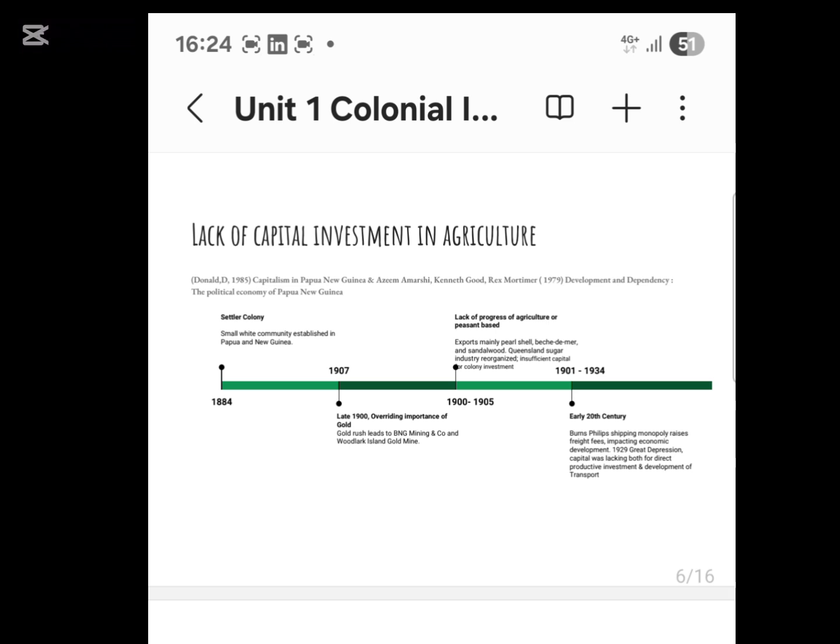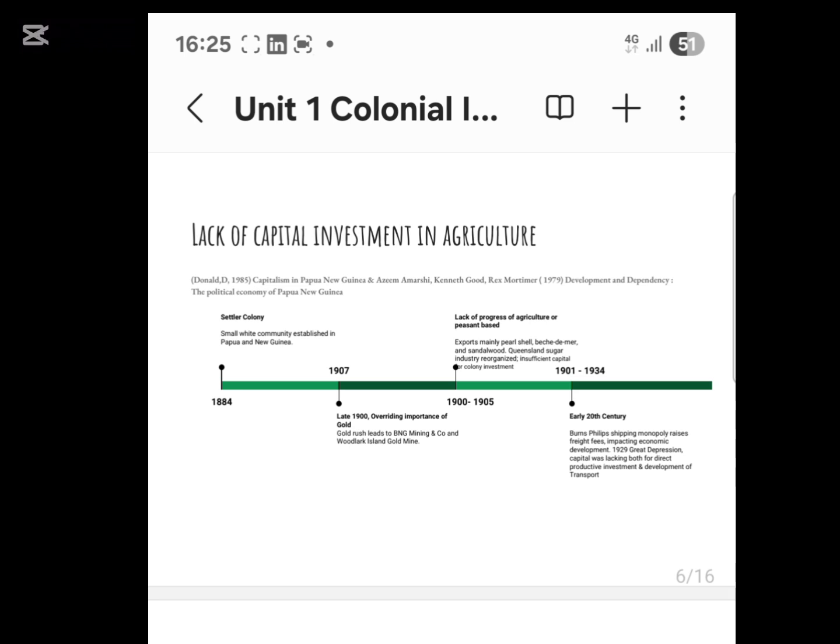After 1907, up to 1905, what did I put there? Lack of agriculture or peasant base. So when you have prospective gold explorers coming in, the environment of the Papua region plus the gold rush during that era made it so that there was no interest in any agricultural productivity.